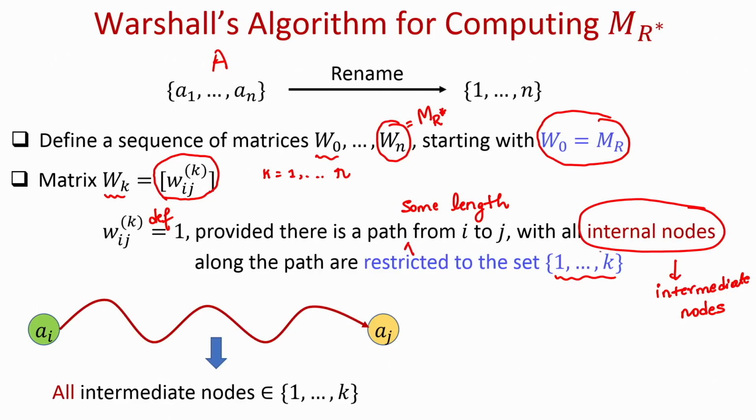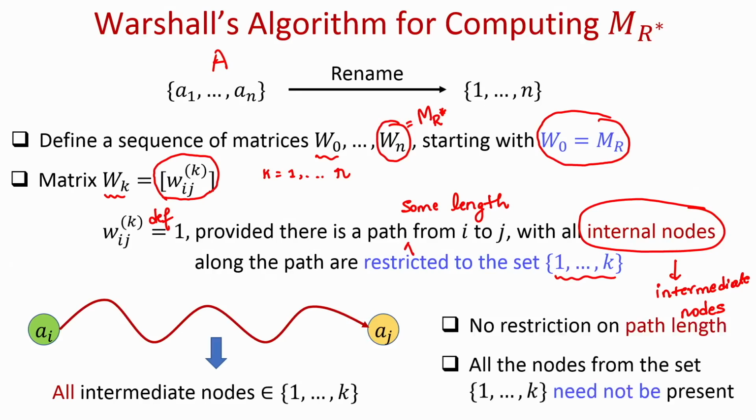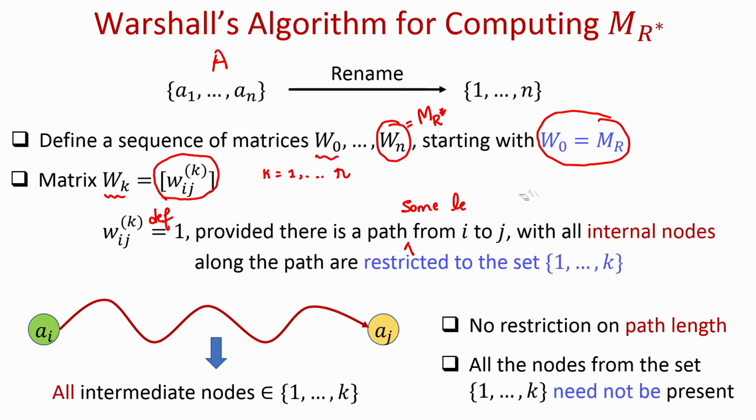Pictorially, if you have such a path like this, where all intermediate nodes are restricted within the set 1 to k, I will say the i comma jth entry in the W k matrix is 1. A couple of common confusions come to the student when we give this definition.